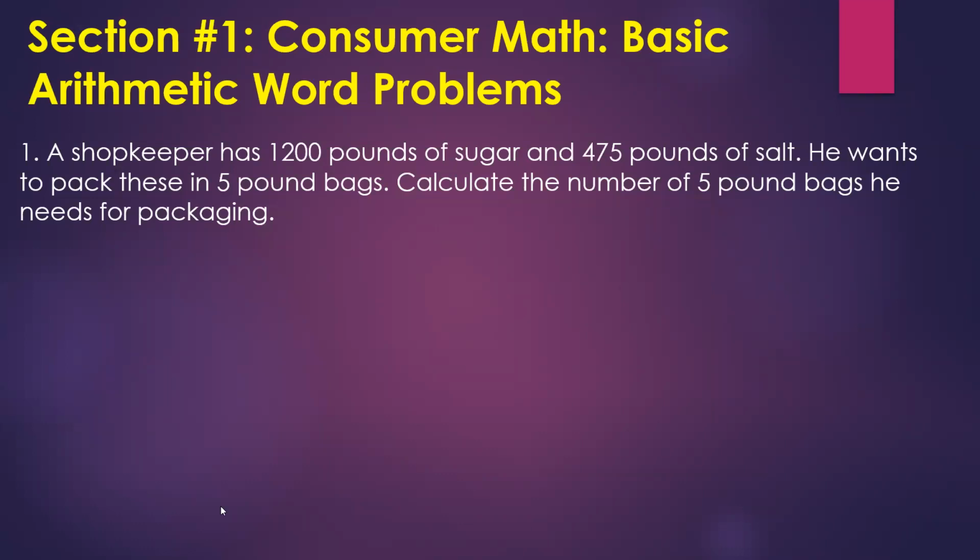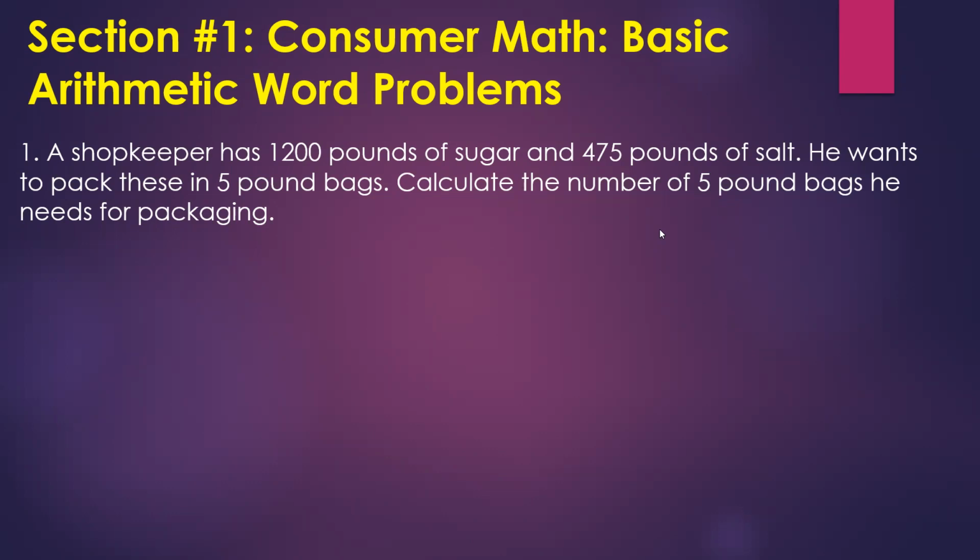Say it again. What are you going to divide? You're going to divide what? I thought you meant what number you're dividing by. No, dividing what numbers are you going to divide? 1,200 and 475.